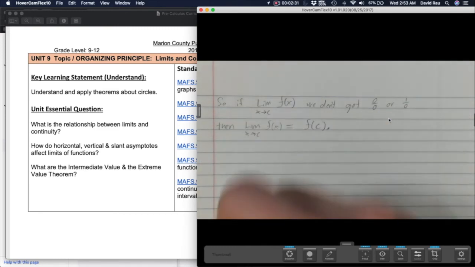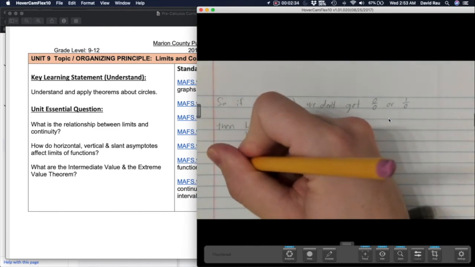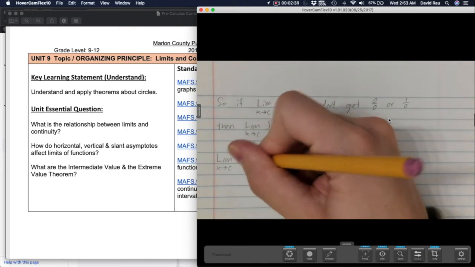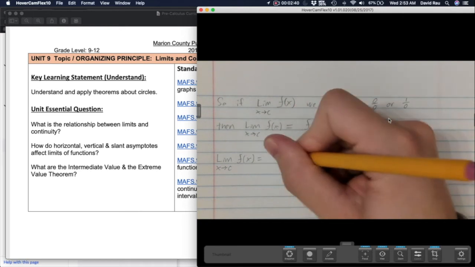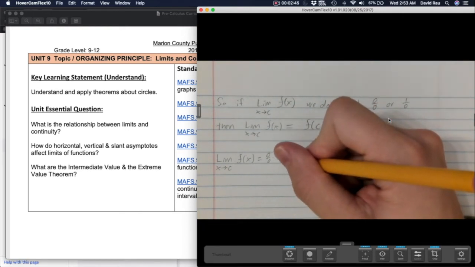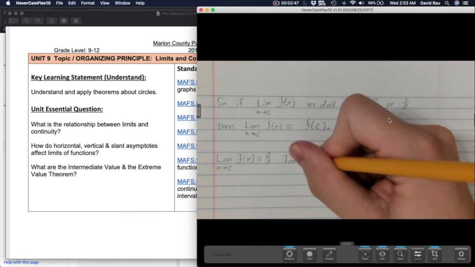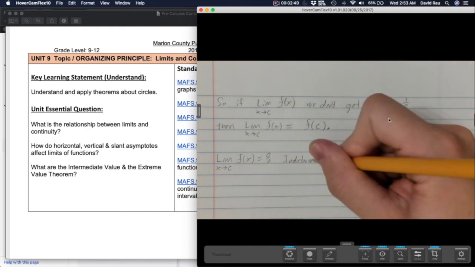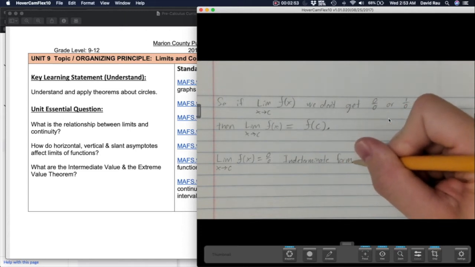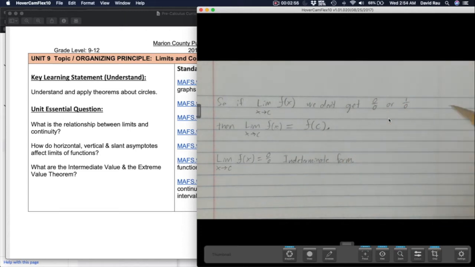Now the idea here is, limit as x approaches c of f of x. Let's say this did give you 0 over 0. What this is called is indeterminate form. And what it means is you actually can't say yet what it is.